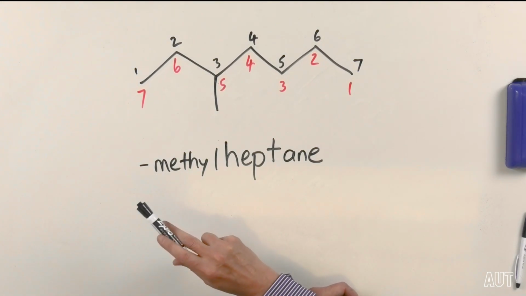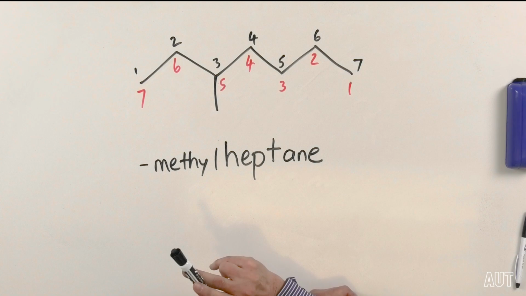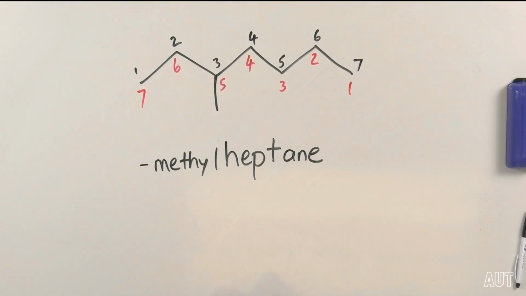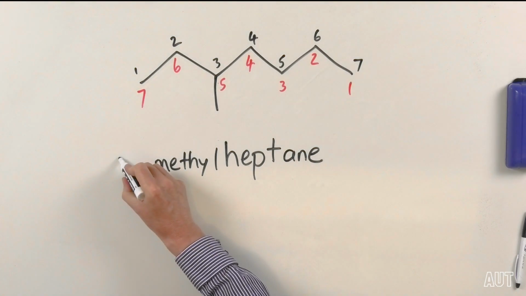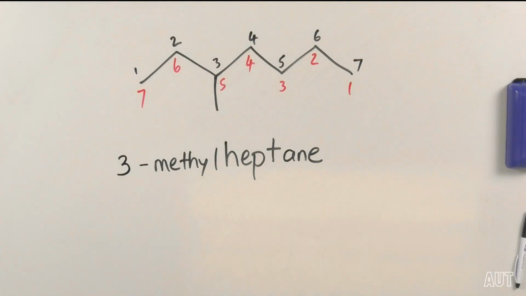The numbering in black gives you the substituent as being on carbon 3. 3 is going to win over 5 because it is less, so we are going to call this molecule 3-methylheptane. So that's another rule: the substituents get the lowest possible numbers.